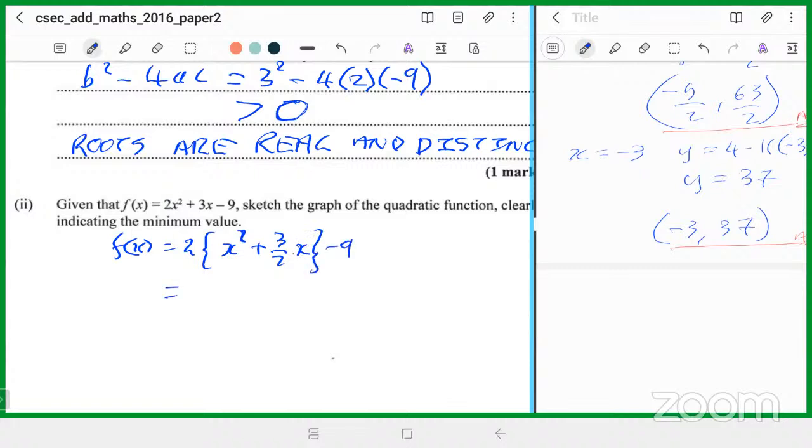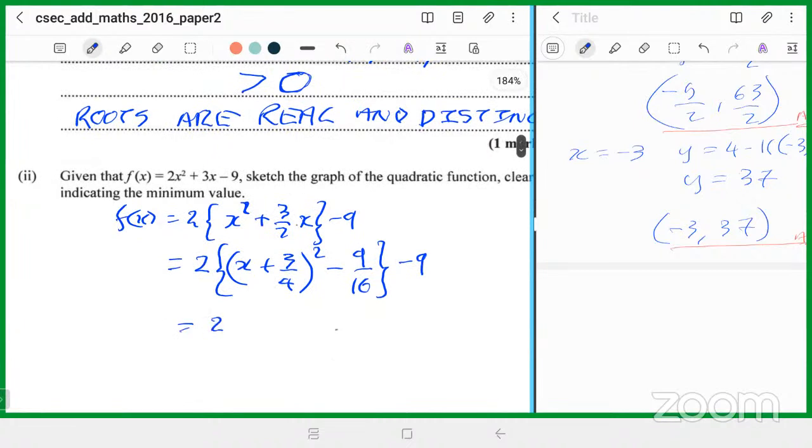Then we're going to write 2 into, complete the square here, you're going to get x, half of this is 3 over 4. You won't forget the square, and then subtract the square of this, which is now 9 over 16. And then you're subtracting this 9 out here. I'm going to expand with the 2 now. When I expand with the 2, I'm going to get 2 into x plus 3 over 4 squared. Then this times this gives me 9 over 8.